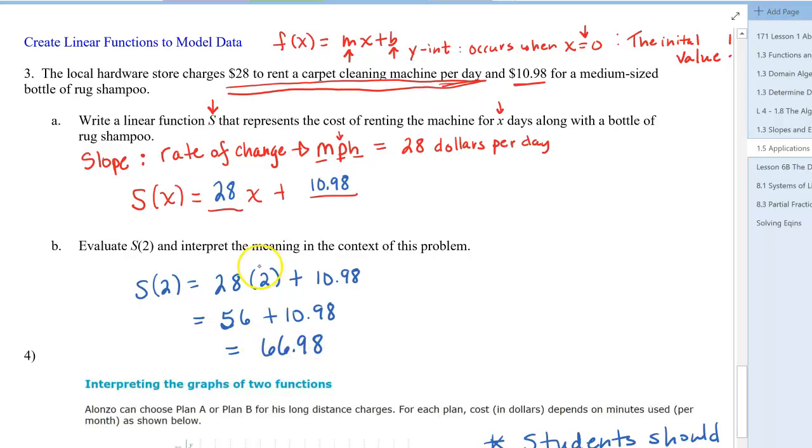Now, the other thing I want you to do is interpret the meaning in the context of the problem. So 66.98, well, that's the amount, so that's in dollars.